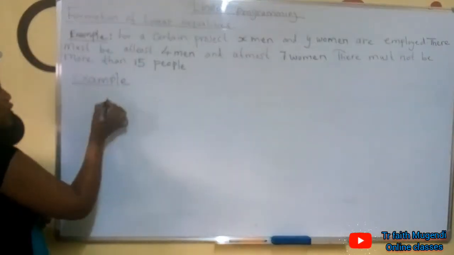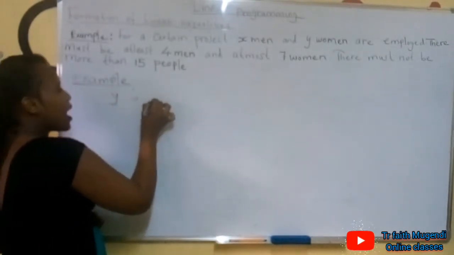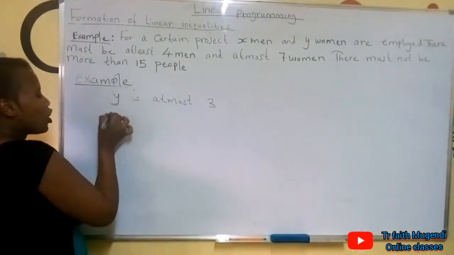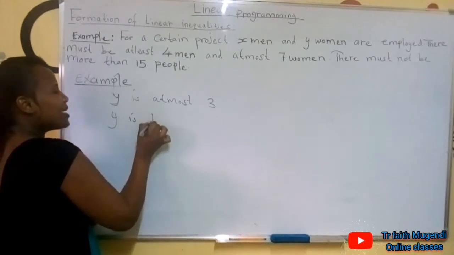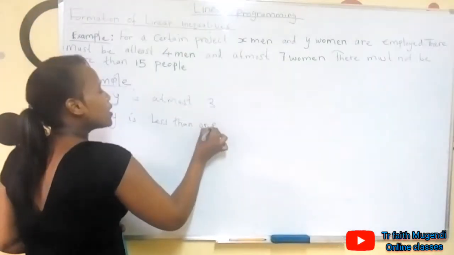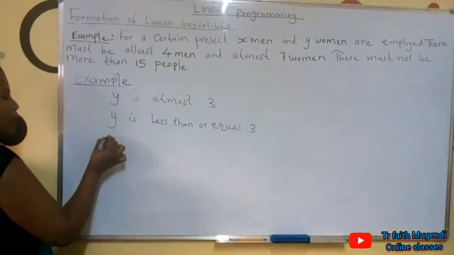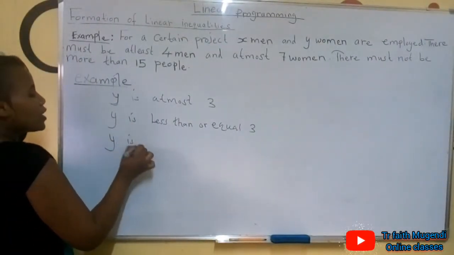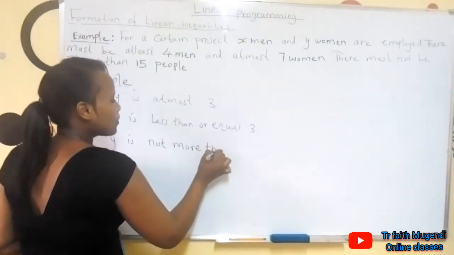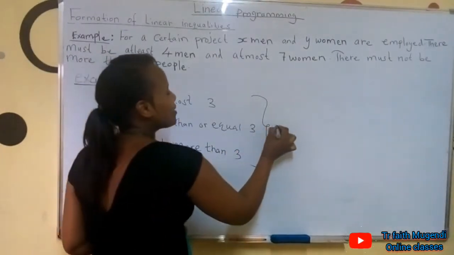For example, you are told that y is at most 3, or you are told y is less than or equal to 3, or probably you are told that y is not more than 3. Again, these 3 statements are equivalent.